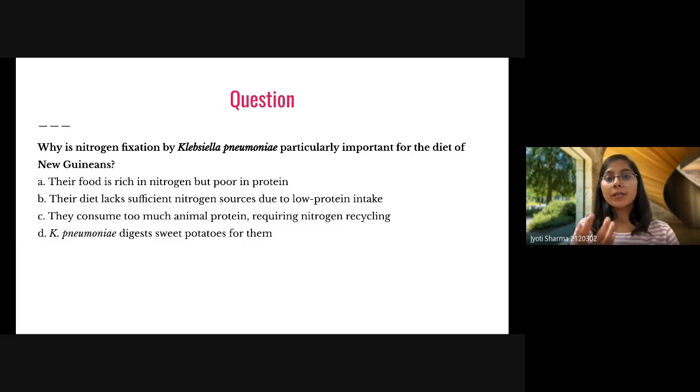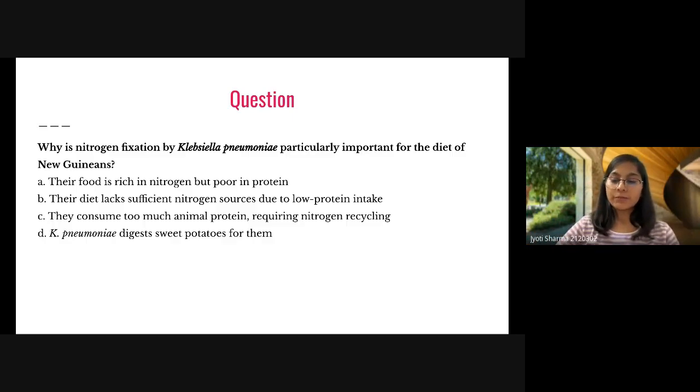So in humans we need the nitrogen, but how can we fix that nitrogen in our body? Because that place does not have protein rich food, but one bacteria that is present in their gut will help to fix that nitrogen.